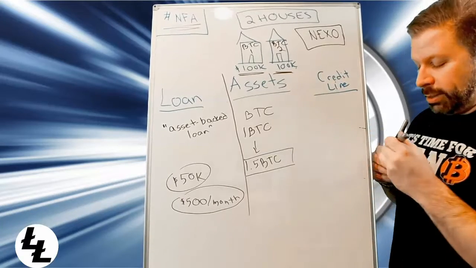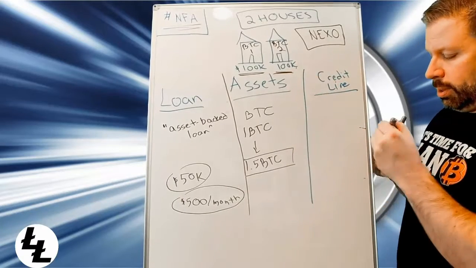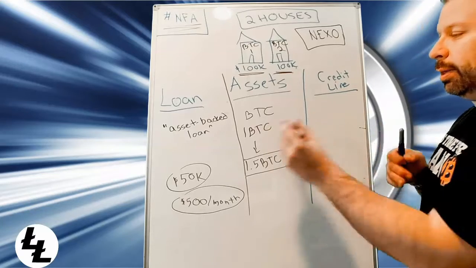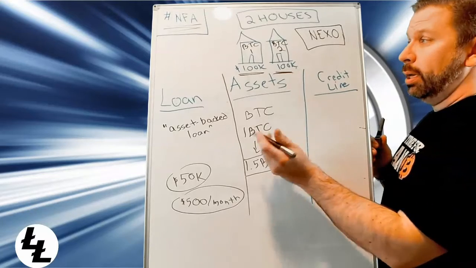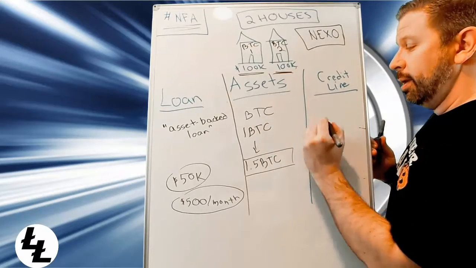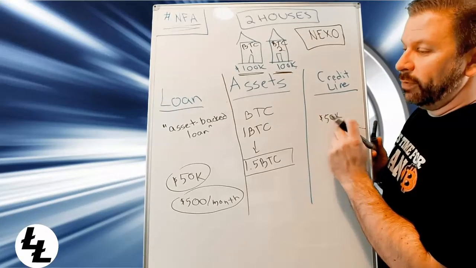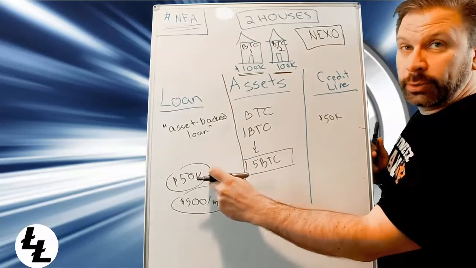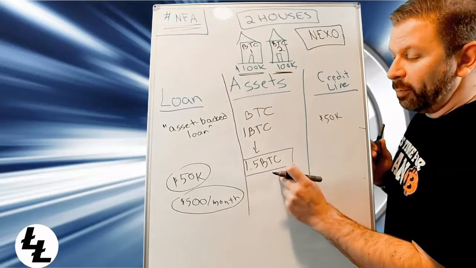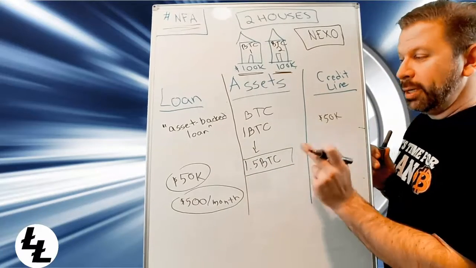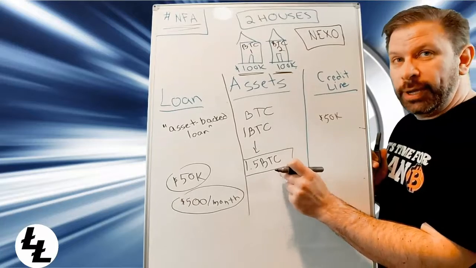So as soon as I deposited the Bitcoin, I got 1 Bitcoin. It gave me a credit line of 50% of that Bitcoin. And because Bitcoin is worth 100,000, I had a $50,000 credit line. I used that $50,000 credit line to borrow against. I took the whole thing, bought a half a Bitcoin with it, and now my credit line actually went up because my credit line is always 50% of my assets.